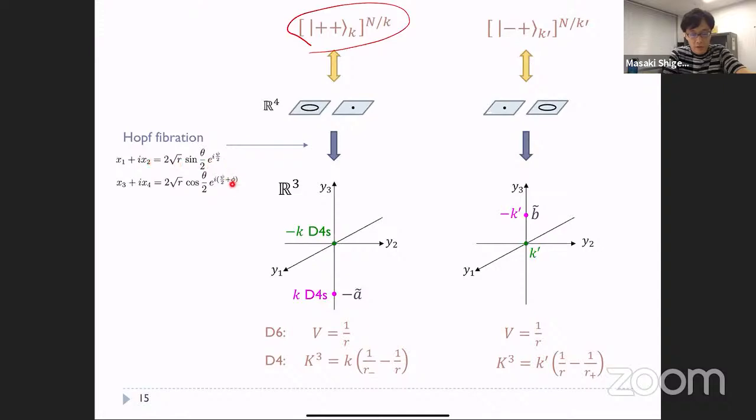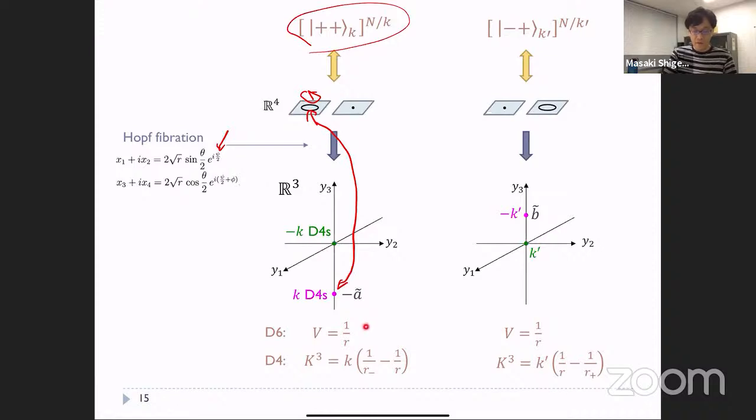The parameters are like this. And so you have some circle direction psi, and this psi involves this direction as well. So if you reduce this R4 profile down to R3, then this circle is going to be simply a point here. And there's another point that is nothing but the center of this R4. And in this case, we can represent this by a harmonic function for D6.